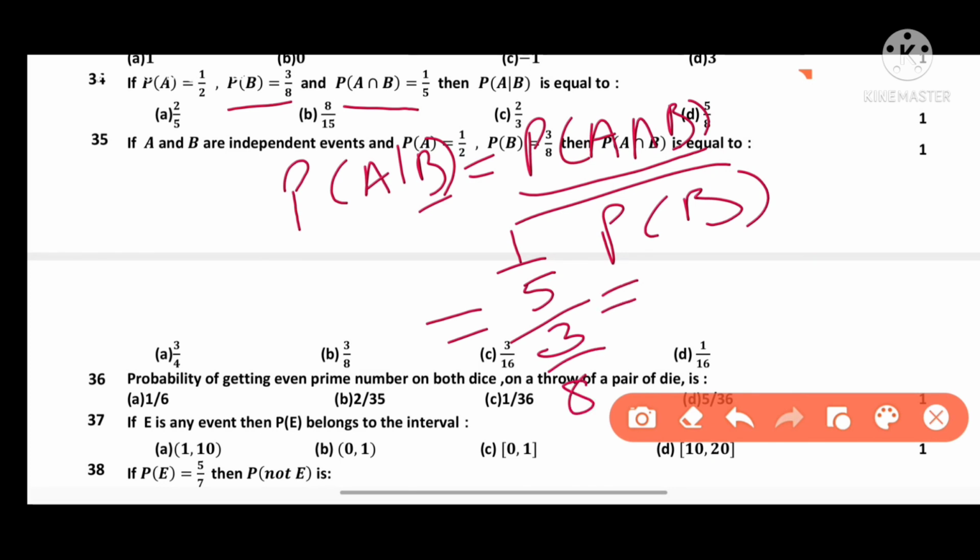Now by solving this, we get 8 by 15. So B is right answer.